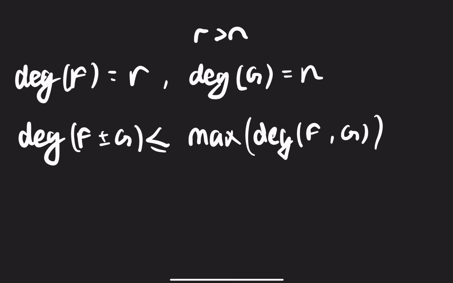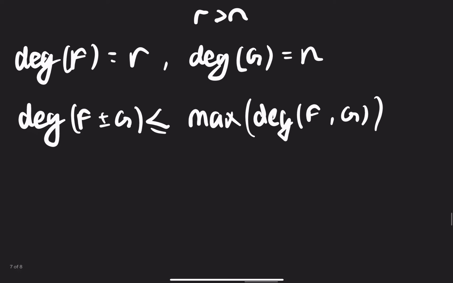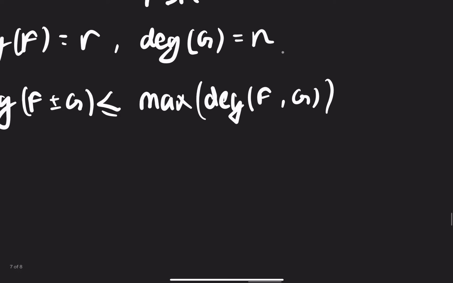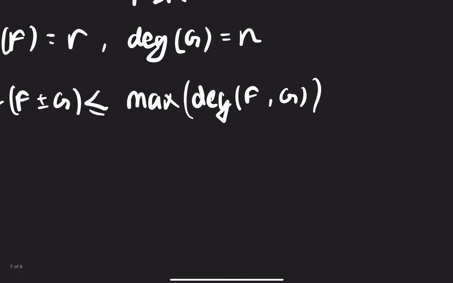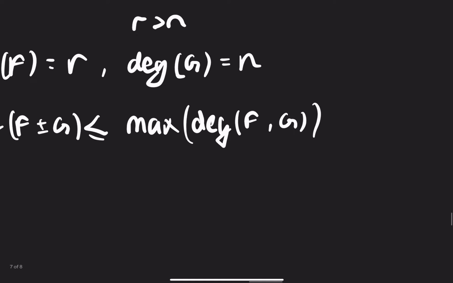This means that when these two polynomials are added or subtracted to or from each other, the degree of the polynomial that we get from adding or subtracting them is just going to be the larger one of the degrees of f and g.